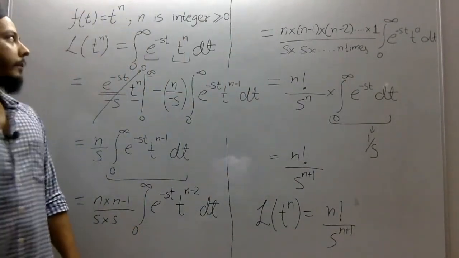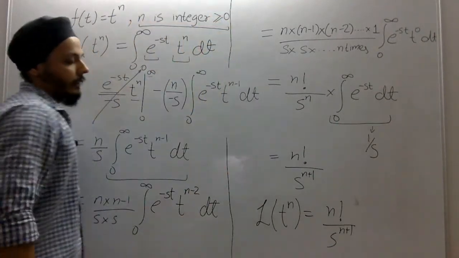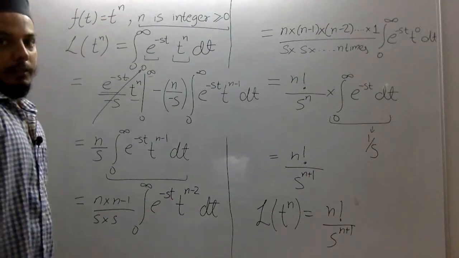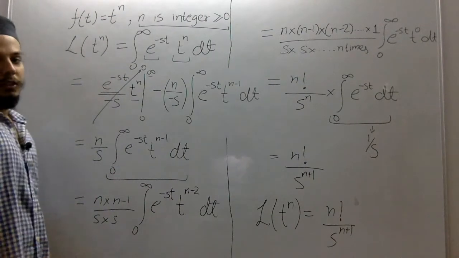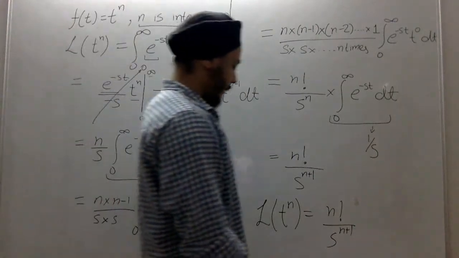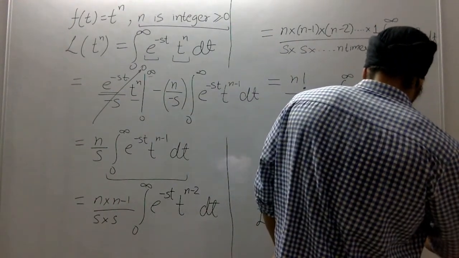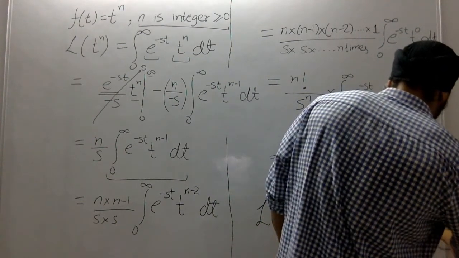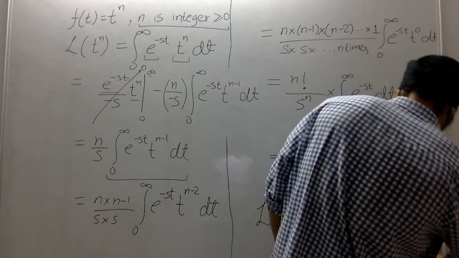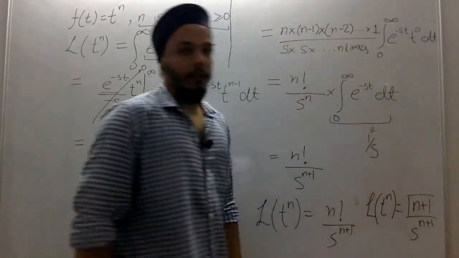Now the thing to remember here is n has to be an integer and it has to be greater than or equal to 0. Now what happens if n is some positive number? If n is some positive number, Laplace of t to the power n is gamma n plus 1 over s to the power n plus 1.